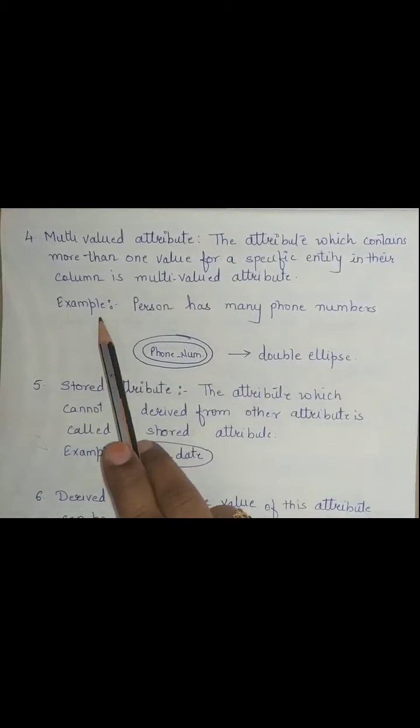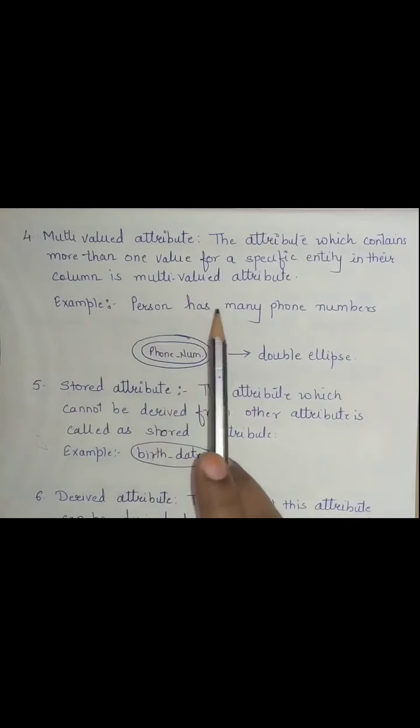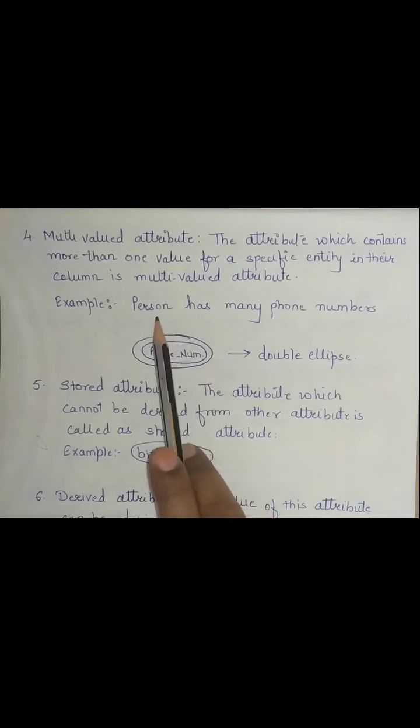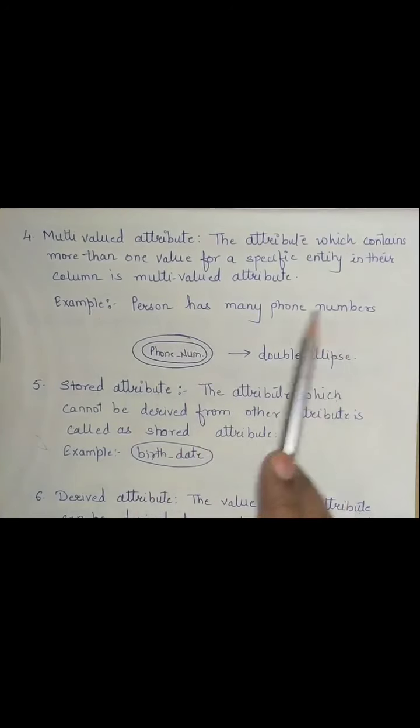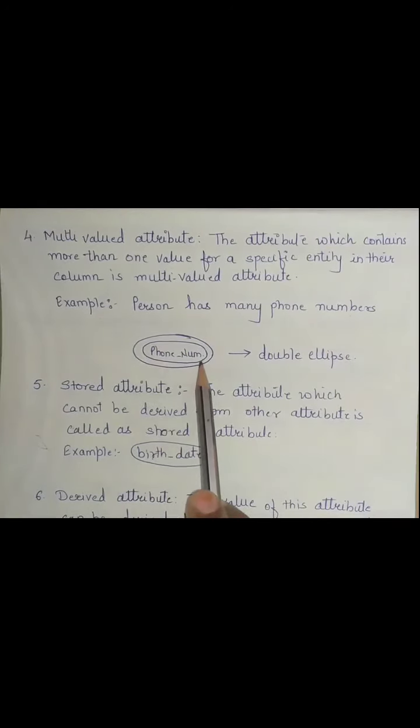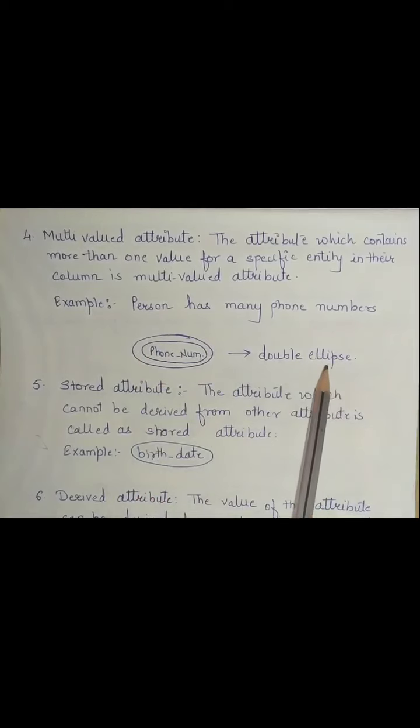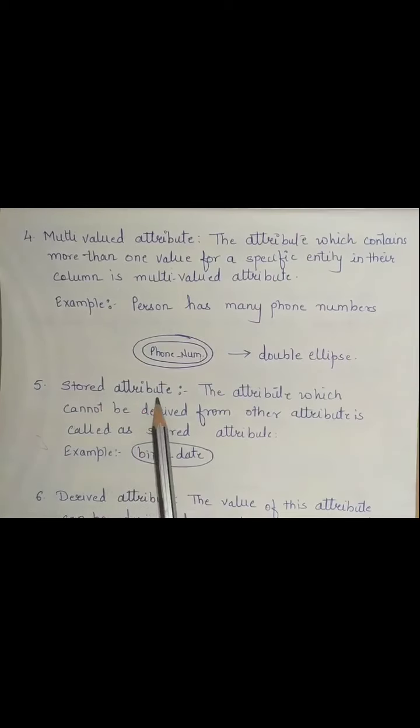An example here I have taken is a person's phone number. A person has many phone numbers. That's why we can say the attribute phone number is a multi-valued attribute, and it is represented in the double ellipse.